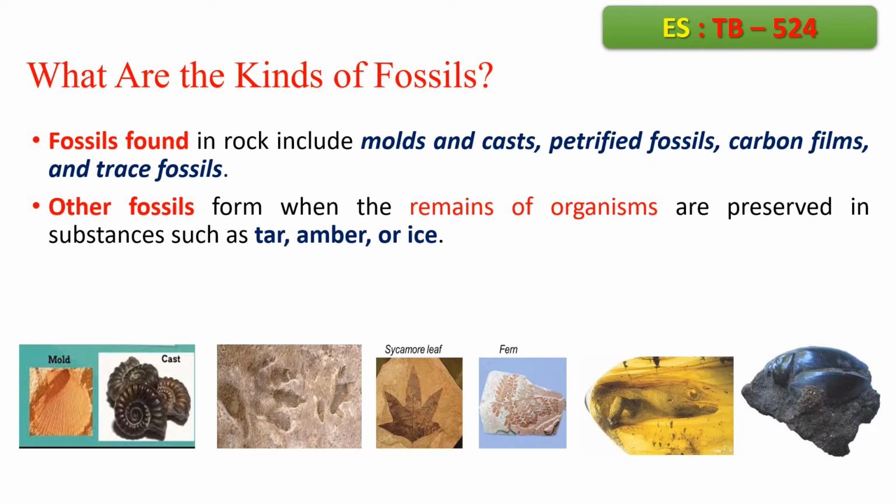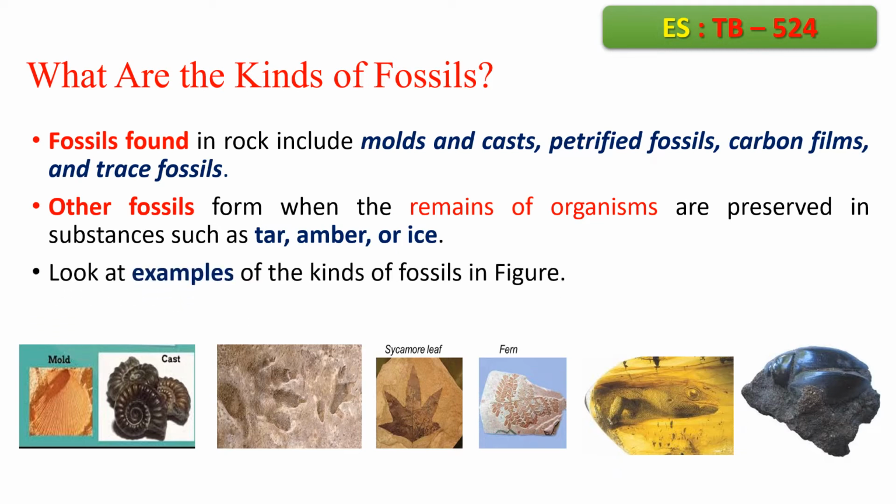Other fossils form when the remains of organisms are preserved in substances such as tar, amber, or ice. Look at the example of the kinds of fossils in the figure.